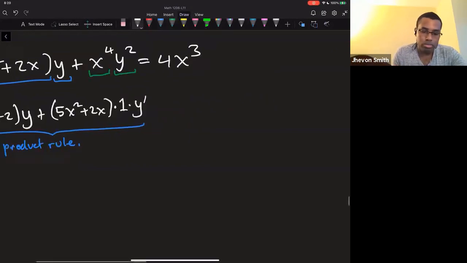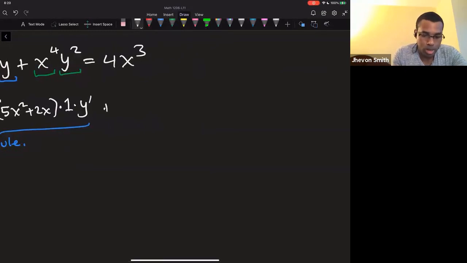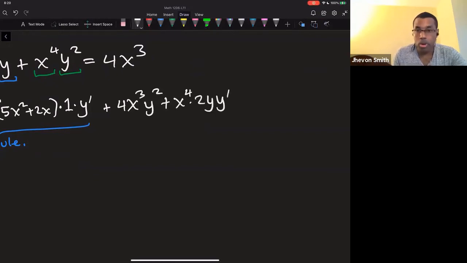Similarly here, I have one thing times another thing. And so I'm going to do the same thing. Differentiate the first function, leave the second, plus leave the first function, differentiate the second, but I have to multiply by y prime. So this is again the product rule.